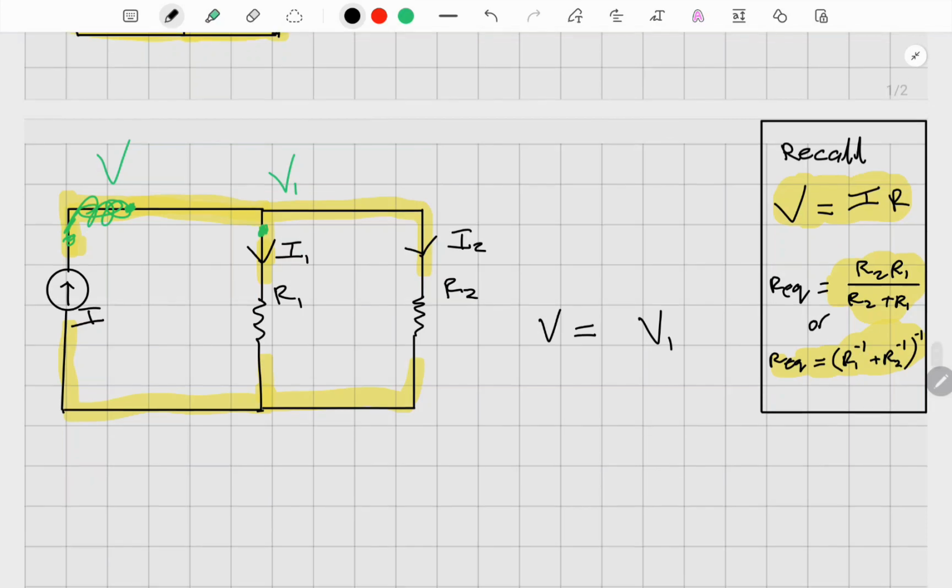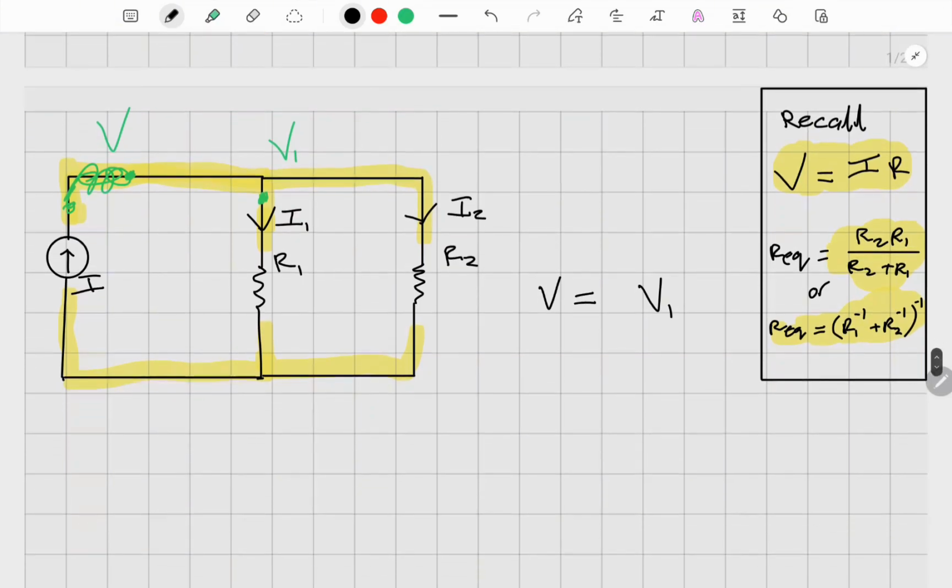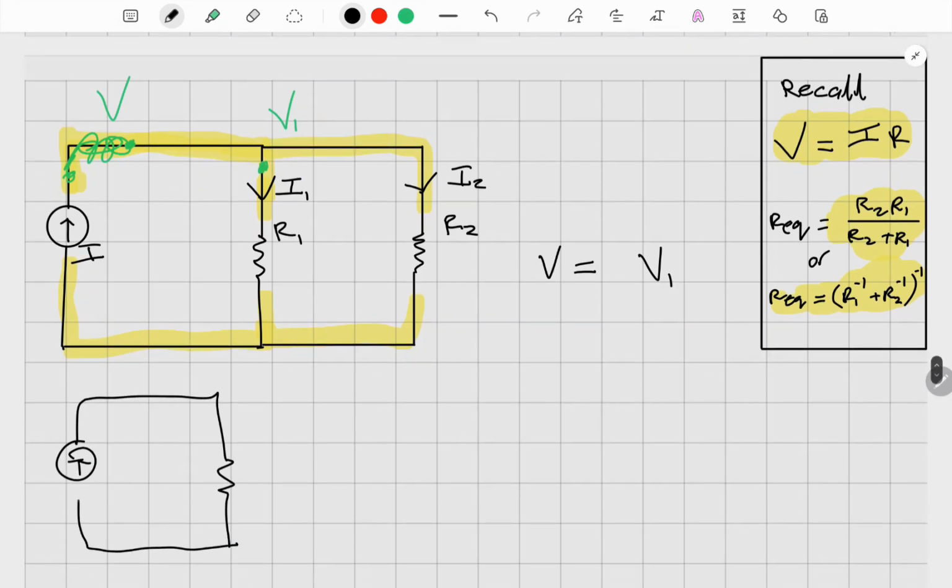The next step is to add the two resistors. So we have the voltage here, and if we add the two resistors using the formula, we'll get a circuit like this. And our equivalent of that is R2 times R1 divided by R2 plus R1.